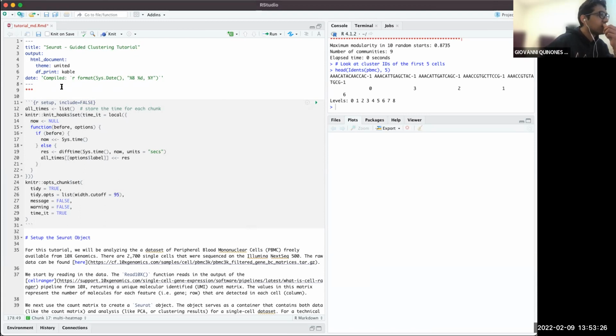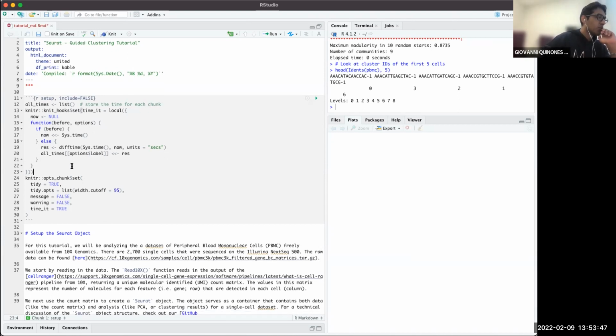The Seurat package is very comprehensive. It performs pretty much any analysis related to single-cell RNA sequencing data, and it's also very user-friendly and easy to execute. So we're going to be following the steps of this tutorial one by one.